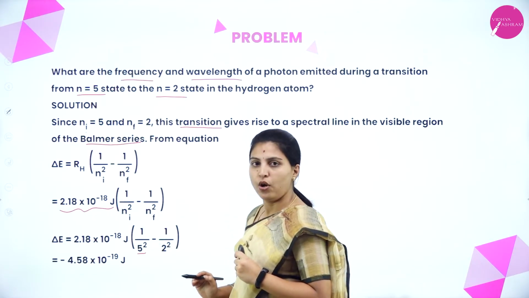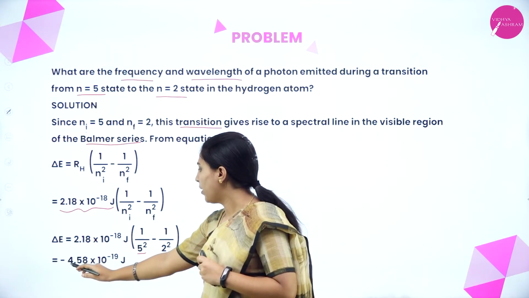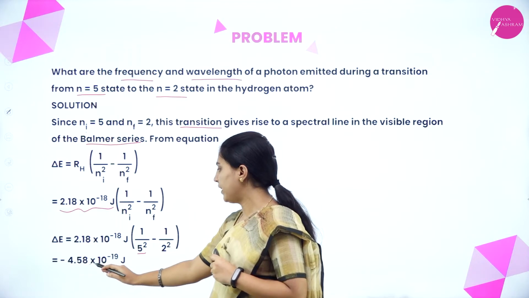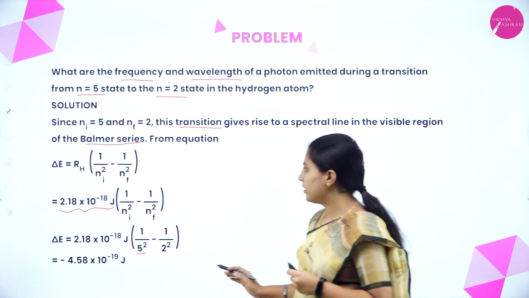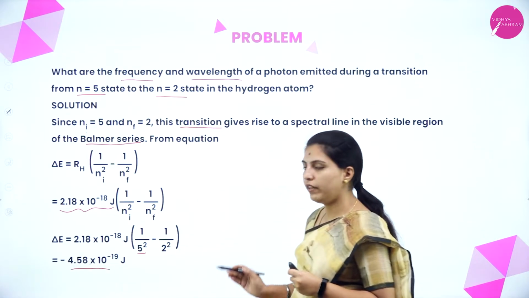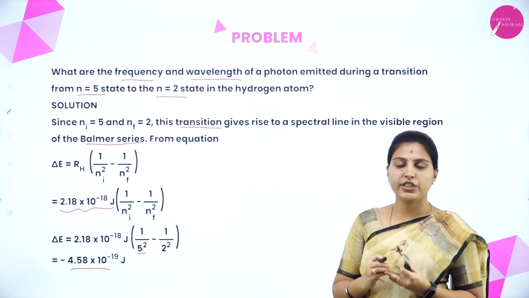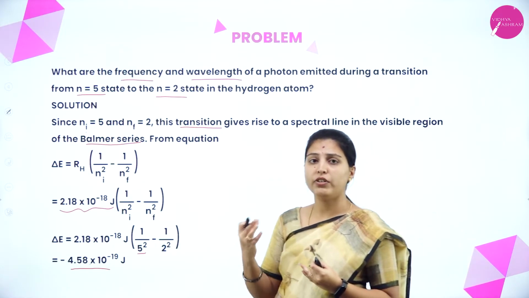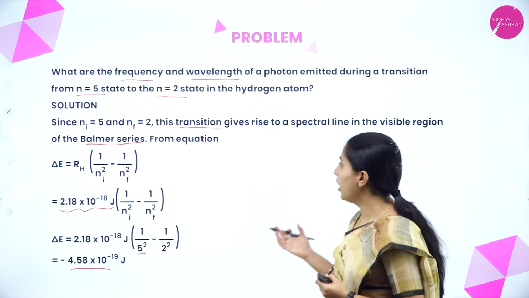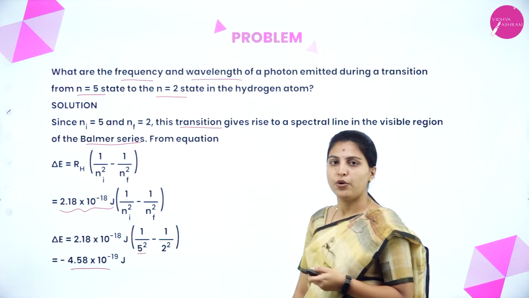After everything is substituted, we will get minus 4.58 into 10 to the power of minus 19 joules. This is the energy we have got. You know the transition, how from the initial level to the final level the transition takes place, how it will be emitted, how it will be absorbed. Based on those terms, they have given this problem.